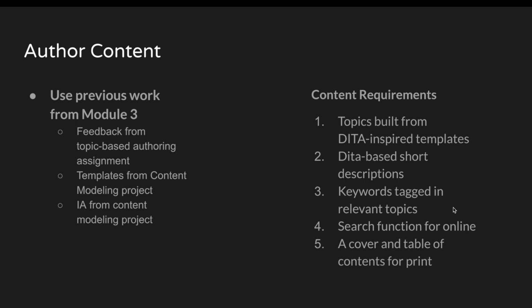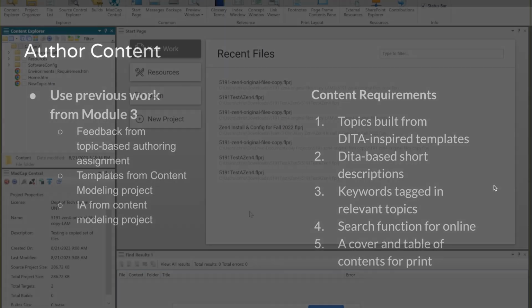That'll be built into the target when you build it, so you don't need to worry too much about that. And then number 5, a cover and table of contents for print. Those are going to be automatically added in the templates for your PDF targets.